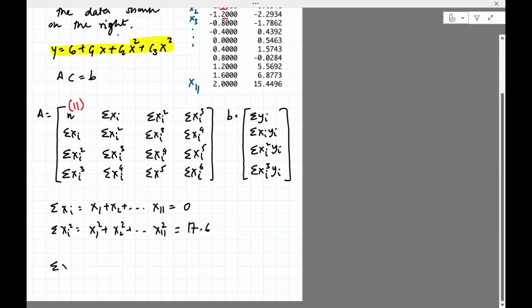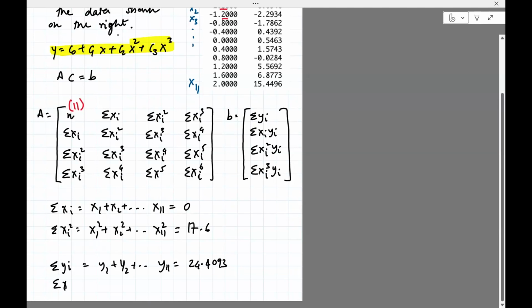You need to do this for xi. Then you need summation yi, which will be y1 plus y2 plus so on till y11. It turns out that is equal to 24.4093.